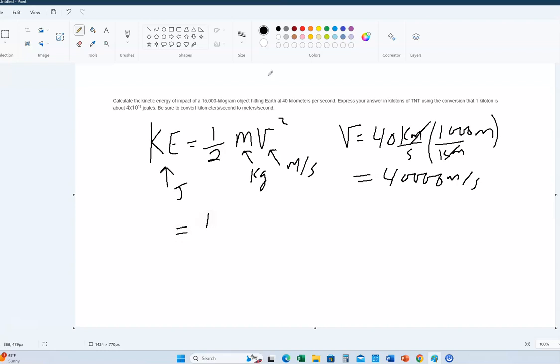So it's going to be 1/2 times 15,000 kilograms, times 40,000 meters per second, but you have to square that. That's really where all the energy comes from.